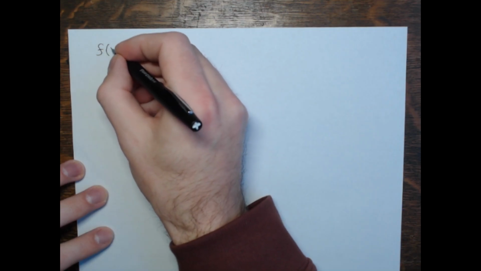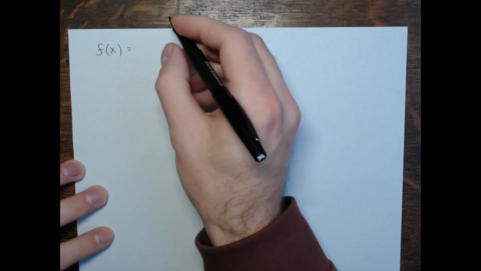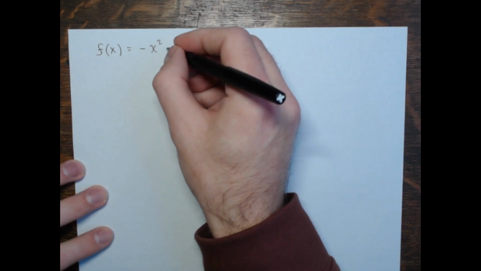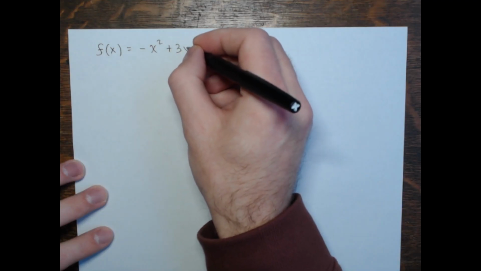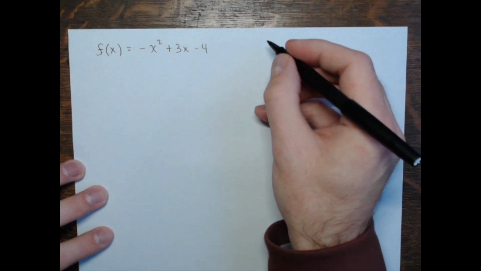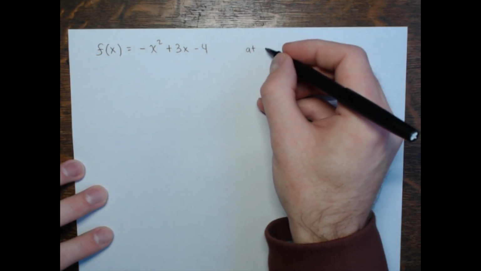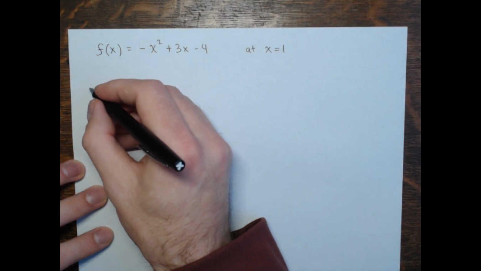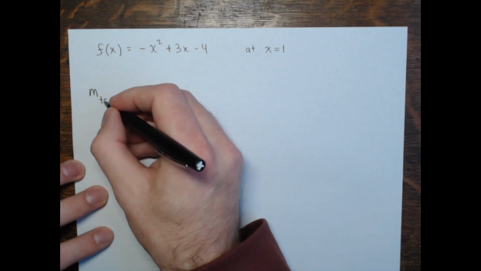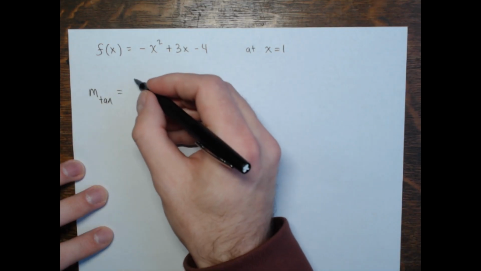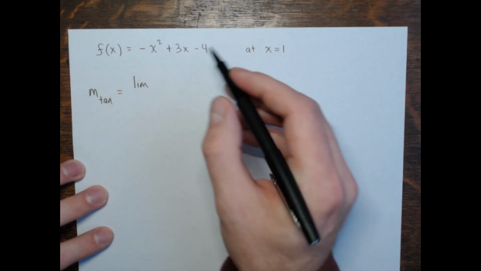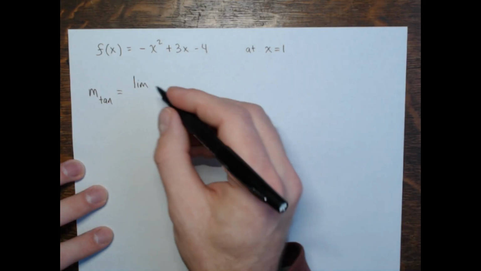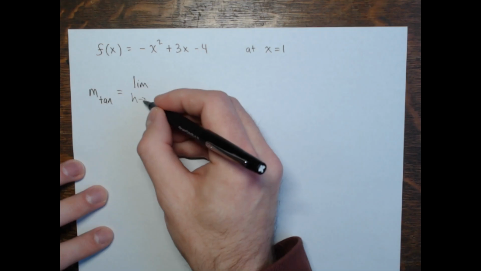So our function is this quadratic, negative x squared plus 3x minus 4. And we want the slope of the tangent line at x equals 1. So the slope of the tangent line will be, and this is the one where you're at 1, and then the other point is at 1 plus h, and then you have h approach 0.